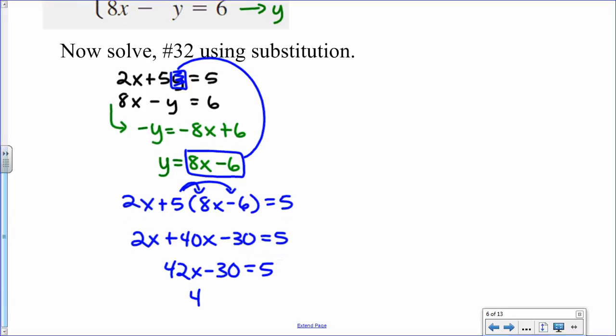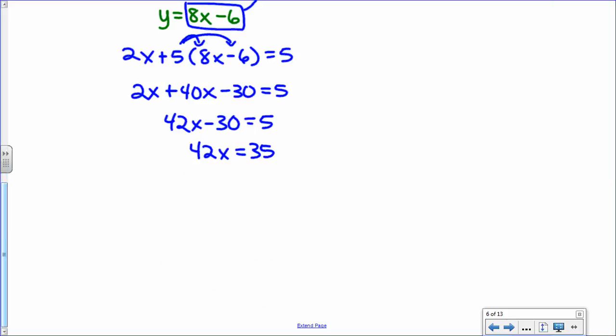Add 30. Divide by 42. Okay, when you did this in Algebra 1, you almost always got whole number answers, integer answers. But now that we're in college algebra, we know that most problems that you do, like in the real world, are not going to be whole numbers or integers.